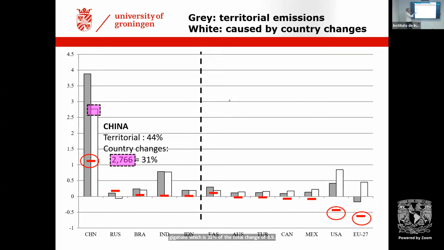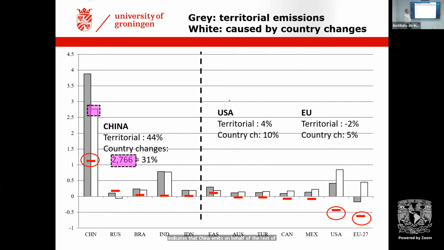The difference is indicated here, and that is 1 point something. That indicates the difference between the territorial emissions and the footprint emissions. So this indicates that China emits on behalf of the rest of the world.